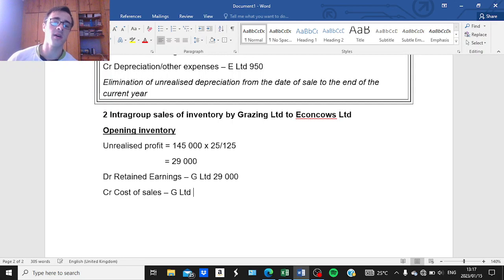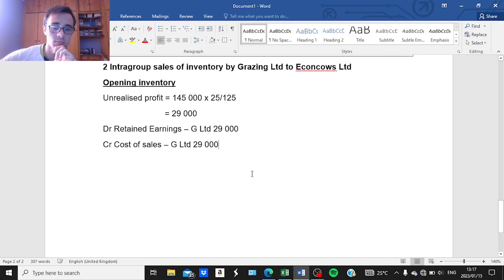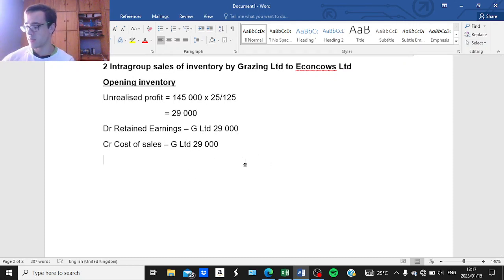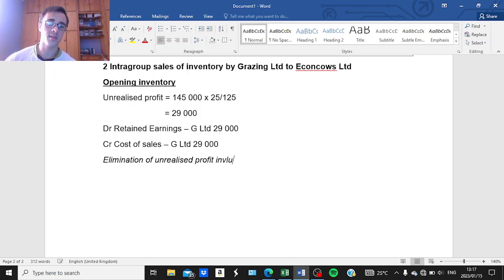This is in respect of the unrealized profit in opening inventory. Elimination of unrealized profit included in Econ Cows Limited's opening inventory.